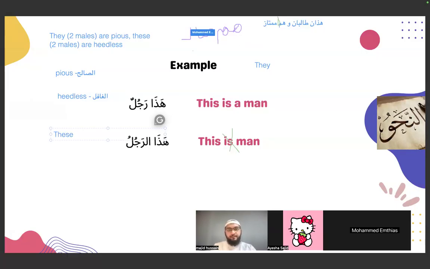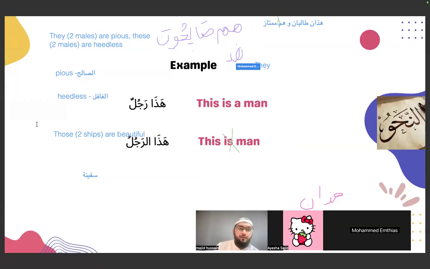I'll give you another one. Those two ships are beautiful.